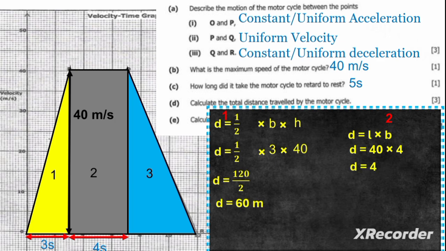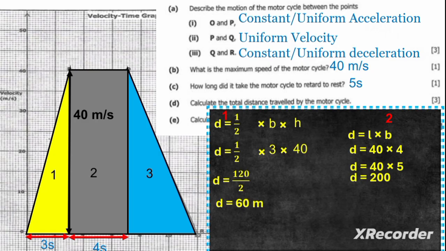40 times 4, we are going to get... no, this one should be 4 seconds.